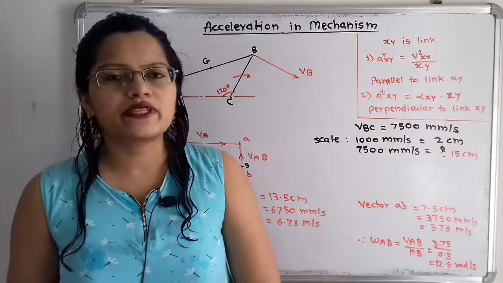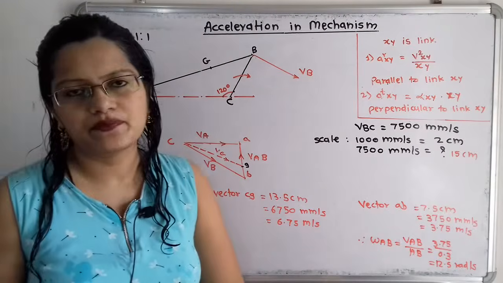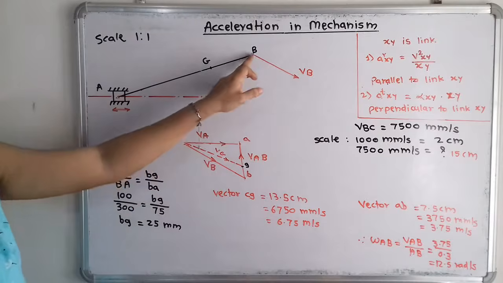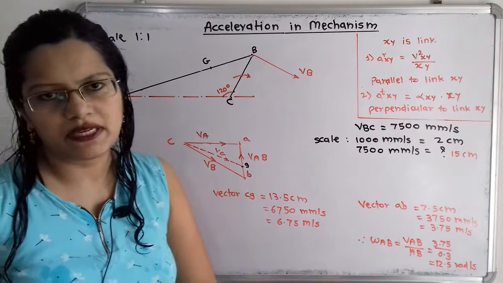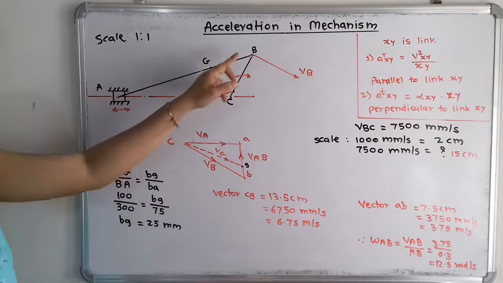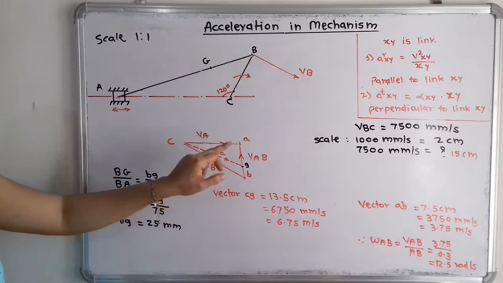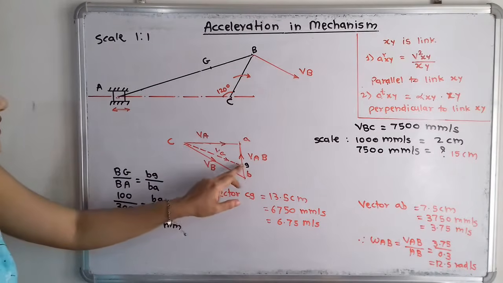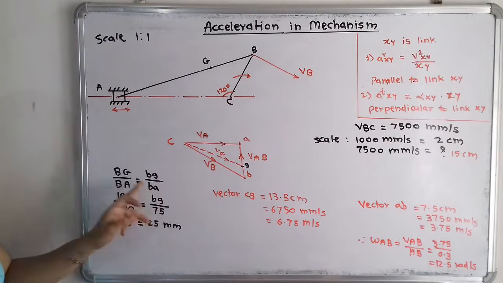Now we have to plot the point G, which is at 100 mm from this point B. So if we observe the space diagram, BG is equal to 100 mm and BA is equal to 300 mm. So if we take ratio BG by BA, in the same way we will take here BA, and here BG is unknown, that is the location of point G is unknown. So we will write here BG by BA.